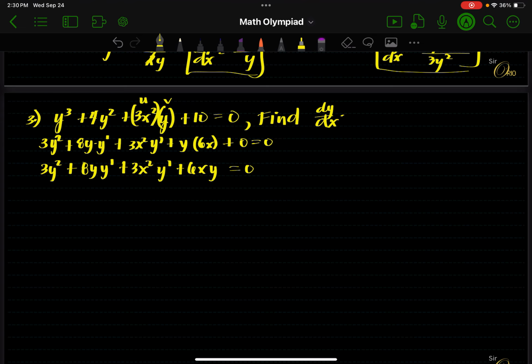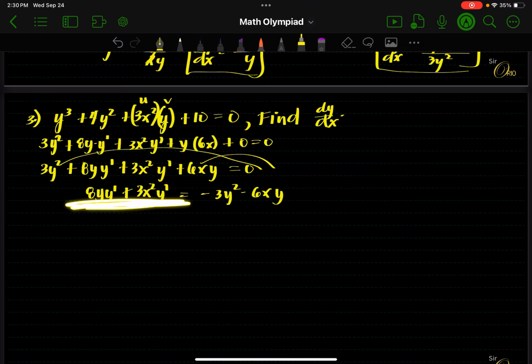Transpose terms without y prime. So the remaining terms on the left side are 8y y prime plus 3x squared y prime equals, transpose this, negative 3y squared minus 6xy.